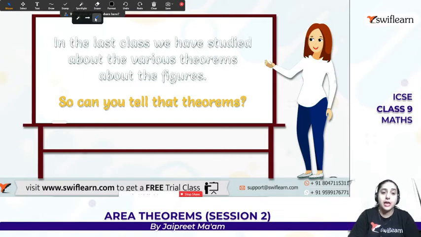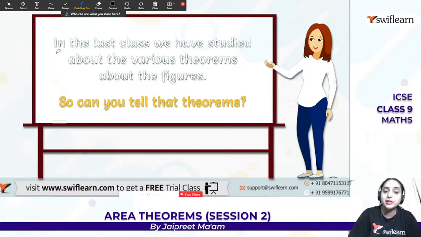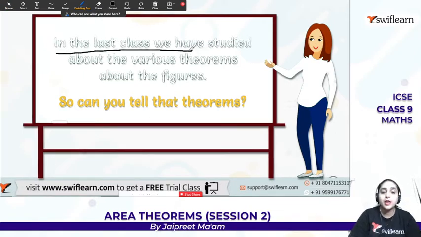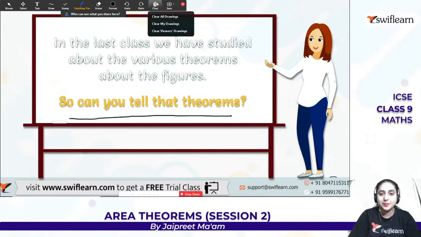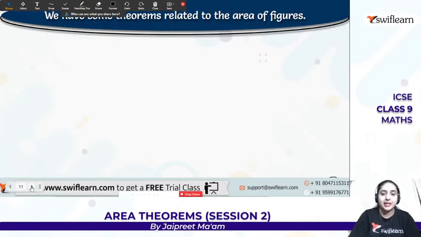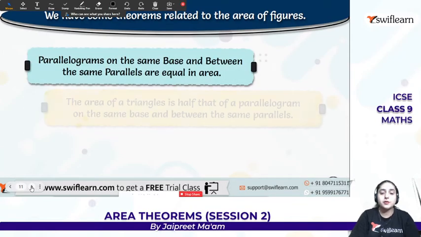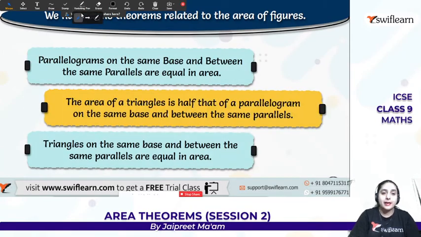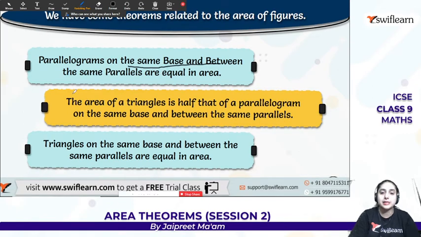In the previous class, what have we learned? In the last class we studied the various theorems about the figures. Can you tell me those theorems? Do you remember them? Let's have a revision again. The three theorems which we have learned are: parallelograms on the same base and between the same parallels are equal in area.